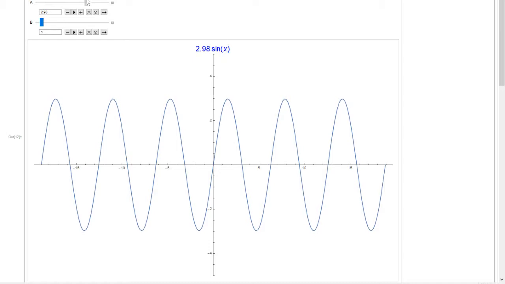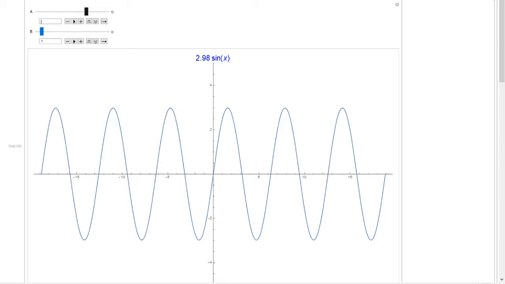there we go. Notice when I go to 3 sine of x, the amplitude has jumped to 3. Okay. So as we start to increase this a value, this thing gets higher and higher, further and further away from the x-axis.